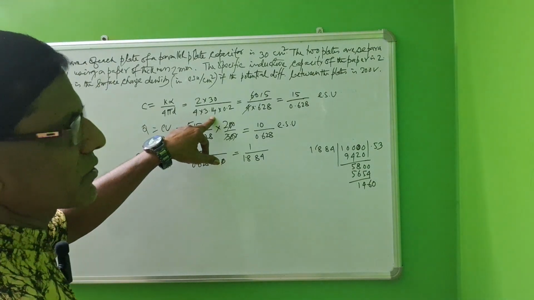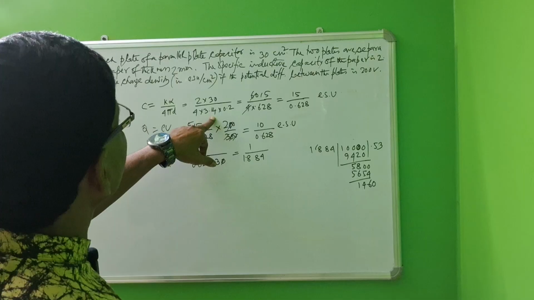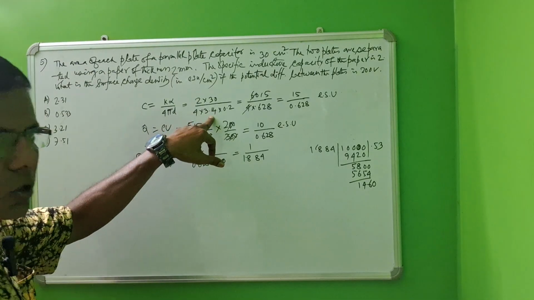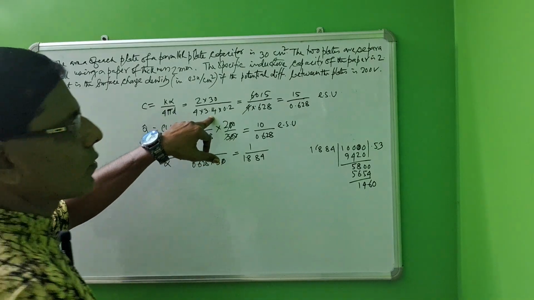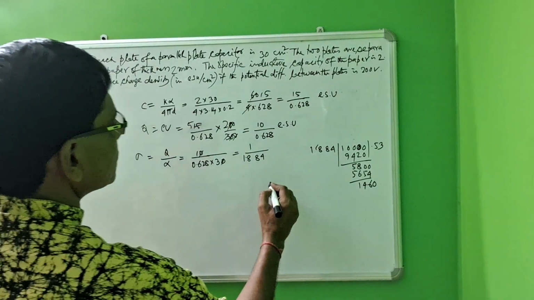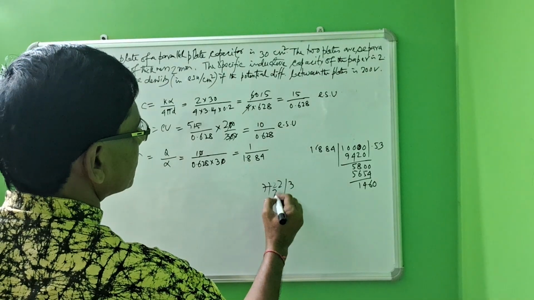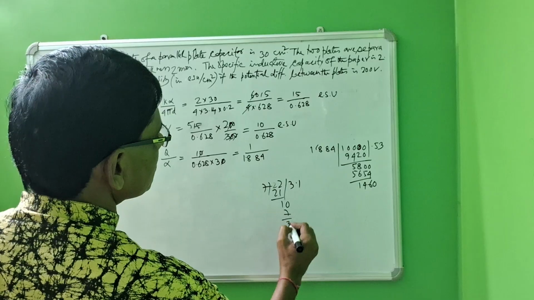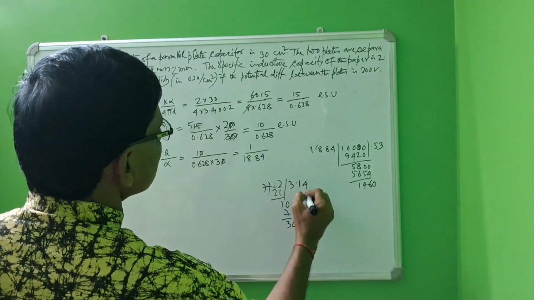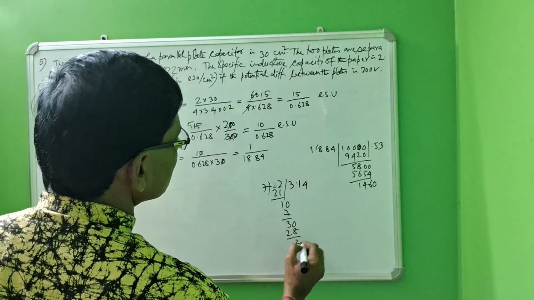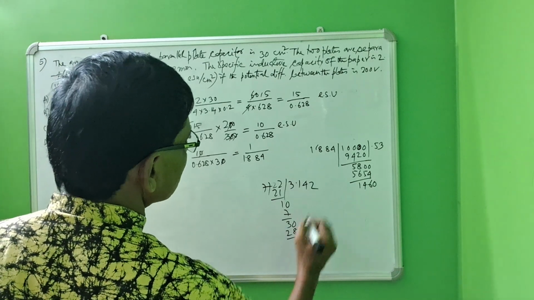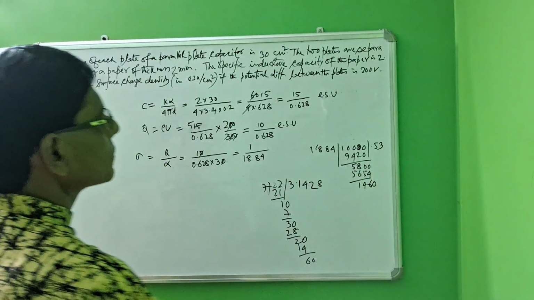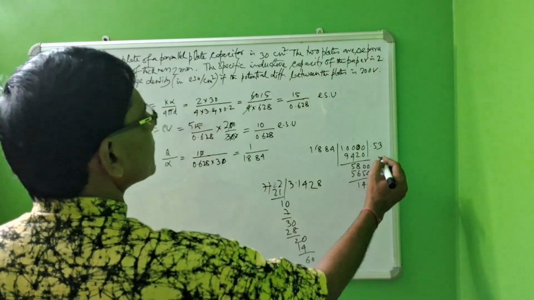We have taken here pi as 3.1514, because it should be taken as not 3.14. In this way, so the ultimate result will be this.